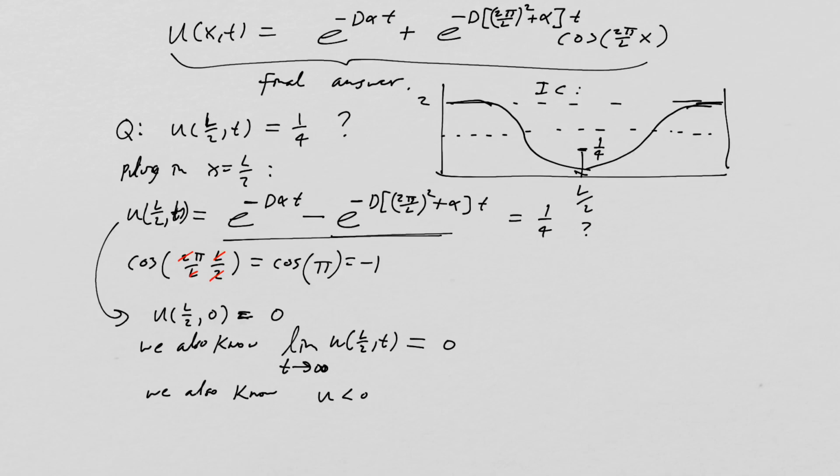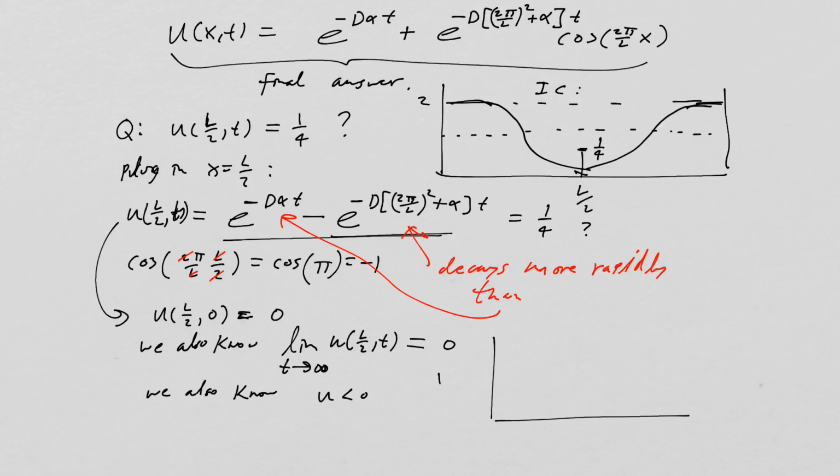This decays more rapidly than this one right here. Okay, because of that, the curve should look something like this, the graph.